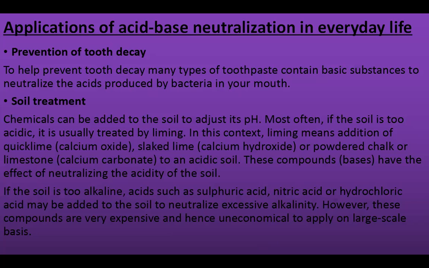The other application is in soil treatment. Chemicals can be added to soil to adjust its pH. Often, if the soil is too acidic, it is usually treated by liming.